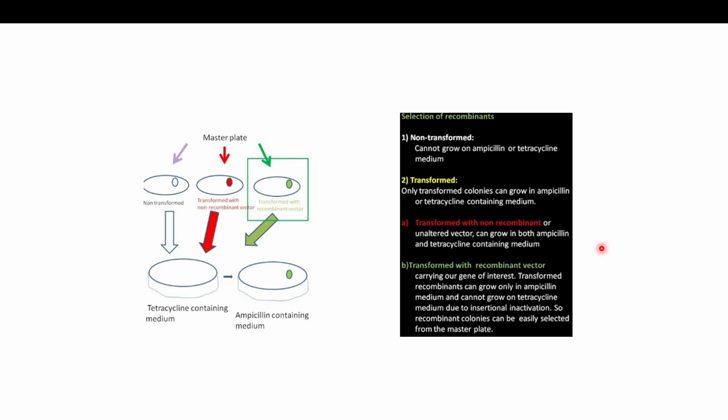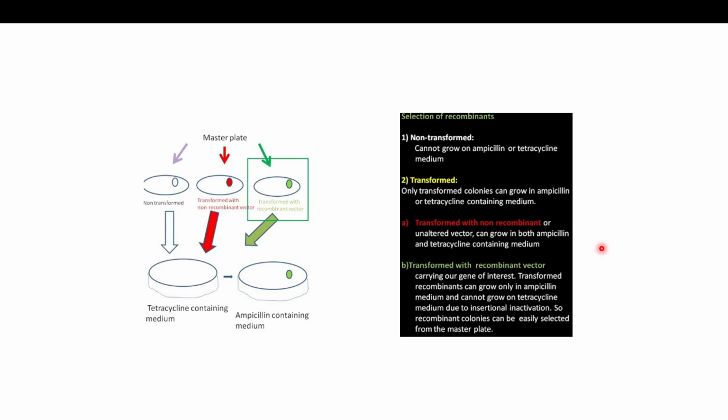But the ampicillin resistance gene is intact, and the cells will grow happily on ampicillin-containing medium, right? So if the cells are growing on ampicillin medium, that means they have taken up the vector pBR322.